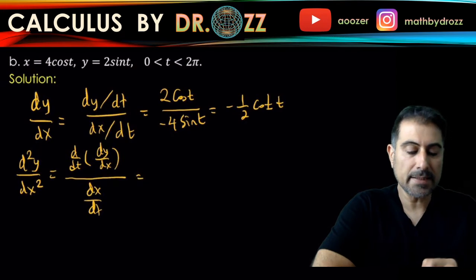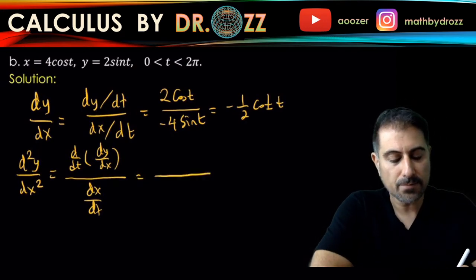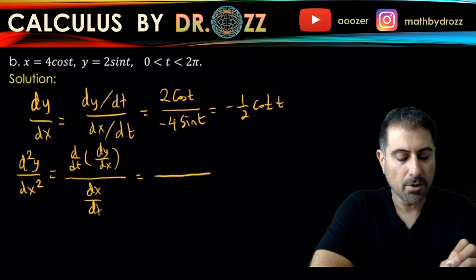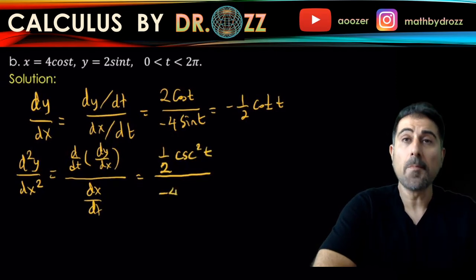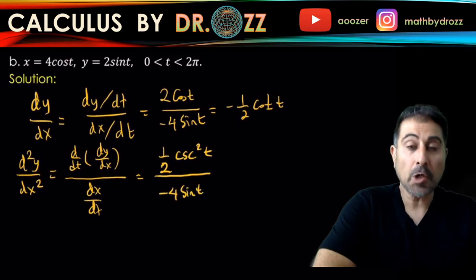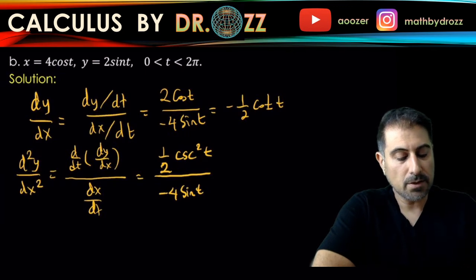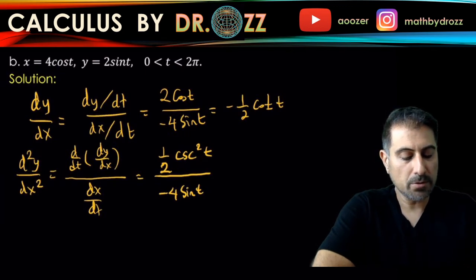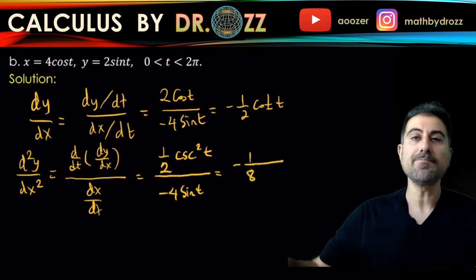That's negative cosecant squared t, so that makes it 1/2 cosecant squared t, and I still have dx over dt to be negative 4 sine t. Now we can use the definition of cosecant squared t, that's 1 over sine squared t. So all in all, you have sine cubed t at the bottom.